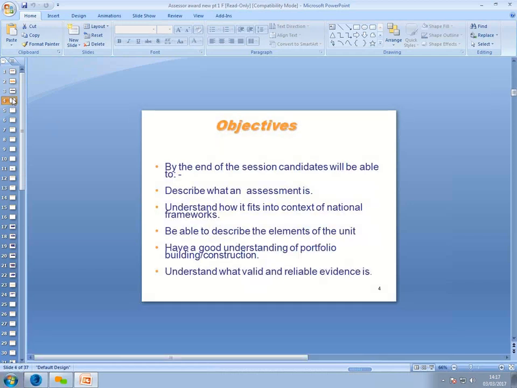You'll be able to describe what an assessment is, understand how it fits into the context of national frameworks, be able to describe the elements of the unit and have a good understanding of portfolio building and construction, and understand what valid and reliable evidence is.